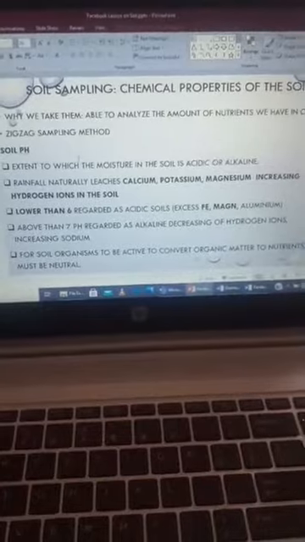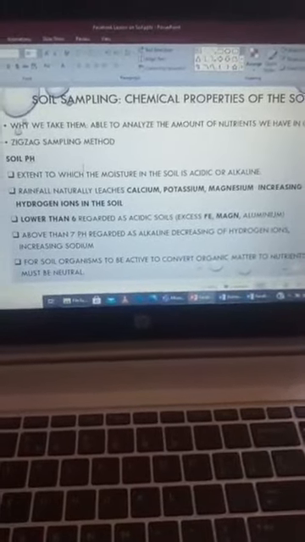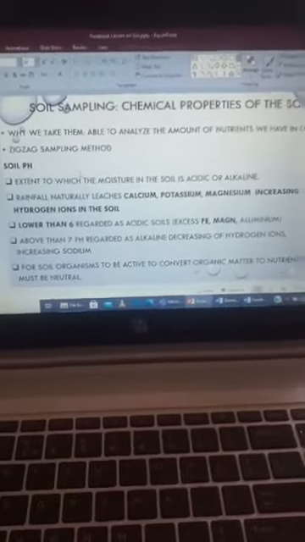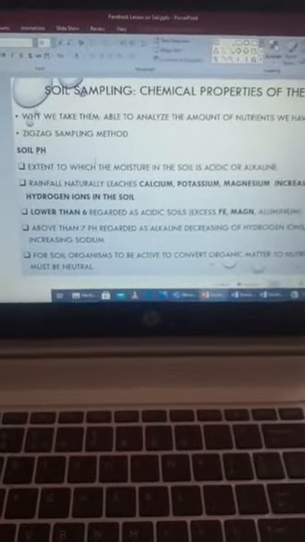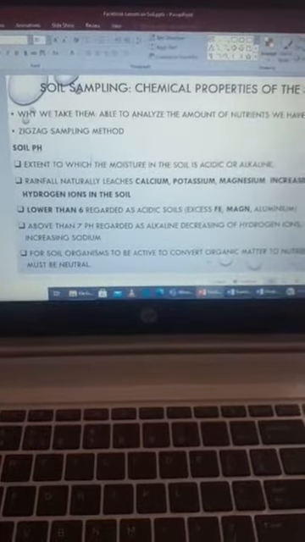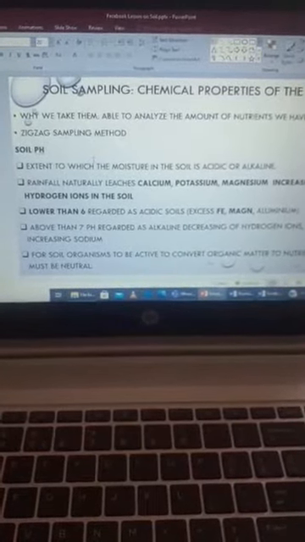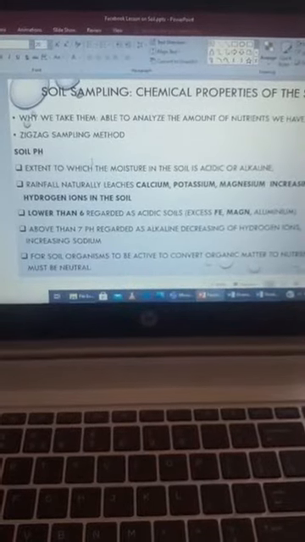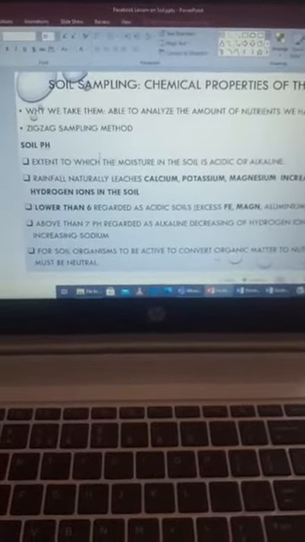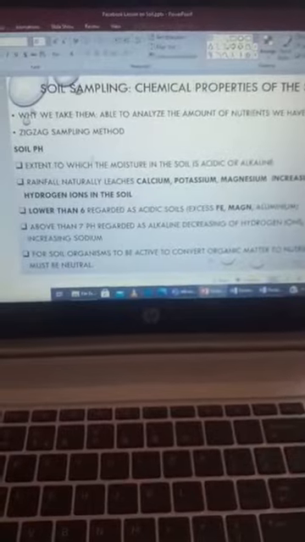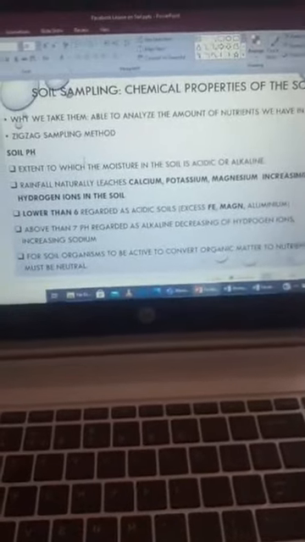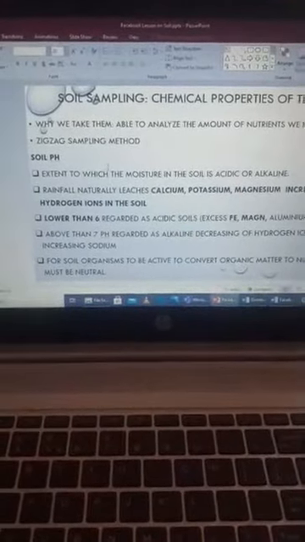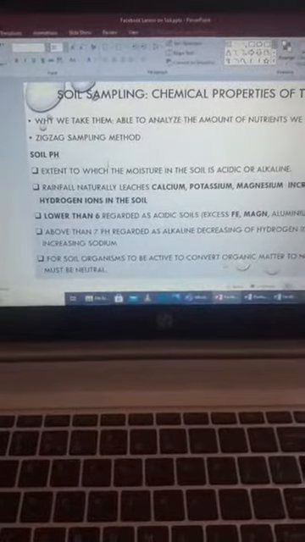I know some will think that it tastes acidic if you taste the soil, but that's not the case. So what influences our soil to be acidic?